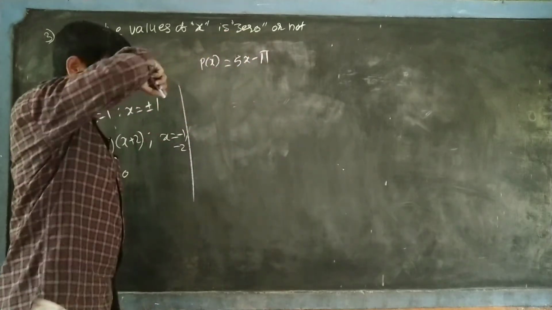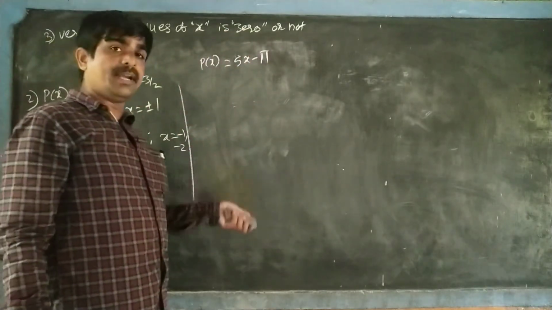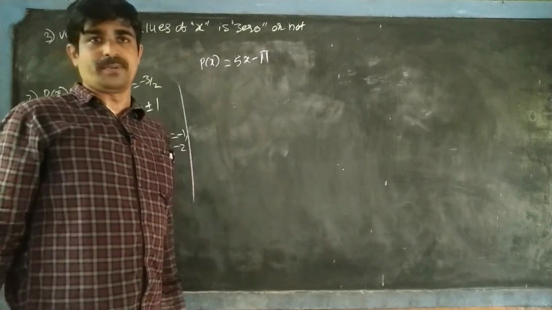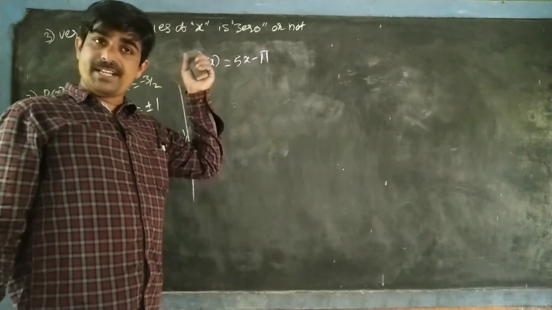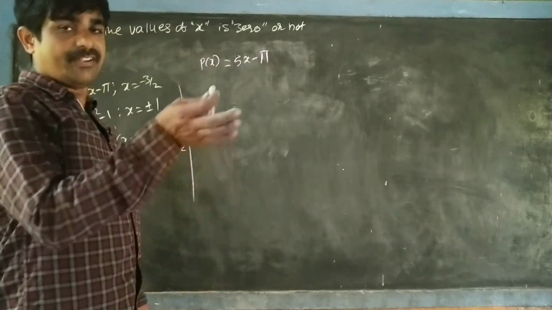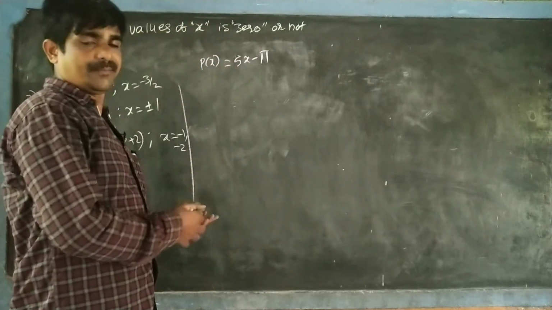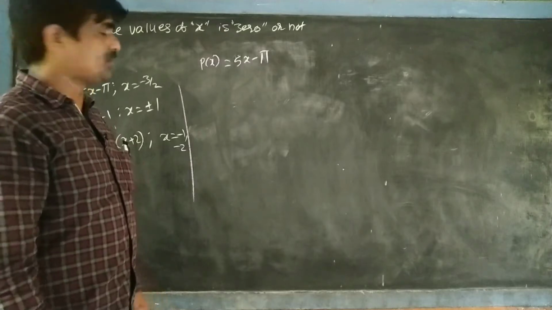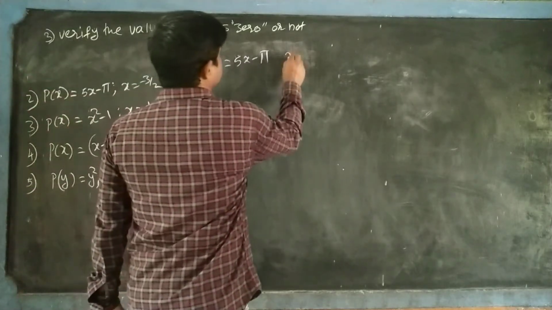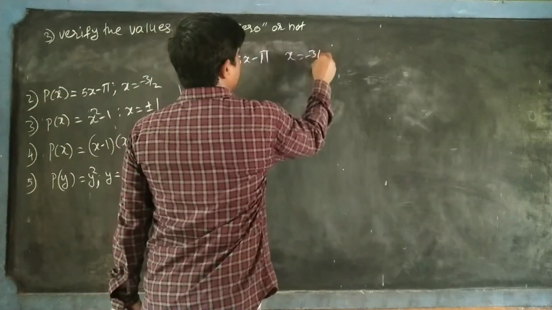So what is the value of pi? In geometry, we take pi is equal to 22 by 7. In trigonometry, pi is equal to 180 degrees. Whenever we are going for angles, pi is equal to 180. Whenever we are in geometry, pi is equal to 22 by 7. And x is equal to minus 3 by 2.